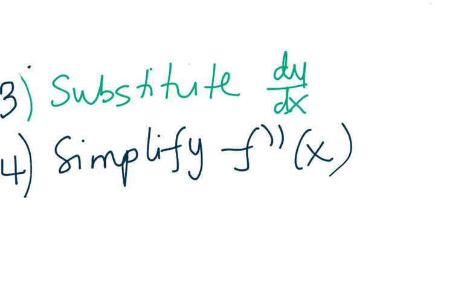It's the same idea as the other functions. Second derivative means you take the derivative a second time. The only difference for this problem is that you end up substituting the dy over dx into the second derivative and then simplify. So it's more work, but the same idea.